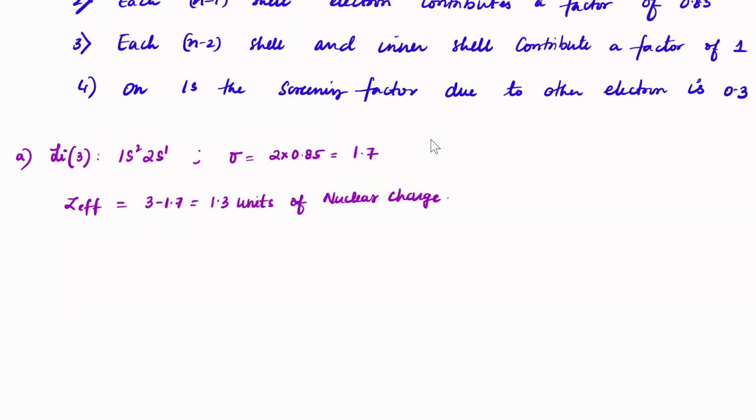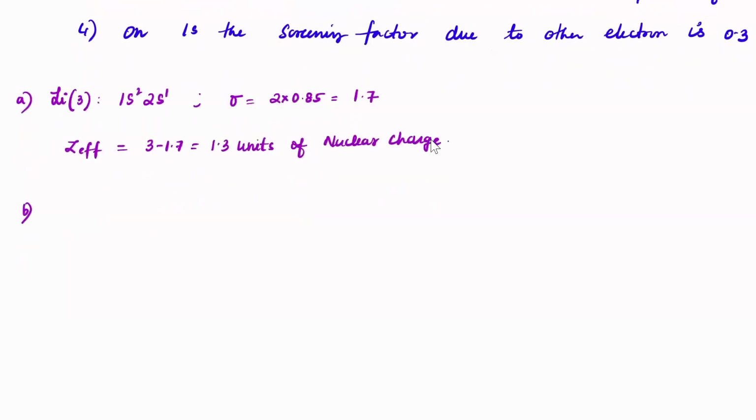Everybody understood? Let me show you the next element, sodium. Sodium's configuration is 1s2, 2s2, 2p6, and 3s1. You can see this is the last electron; in the last shell we do not have any other electron other than 3s1. Now sigma will be: these are n minus 1 electrons, so there are 8 of them, 8 into 0.85.